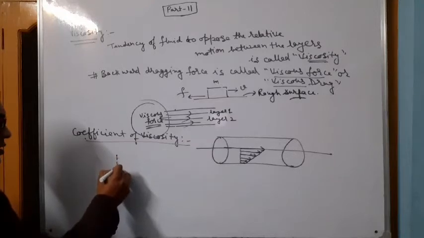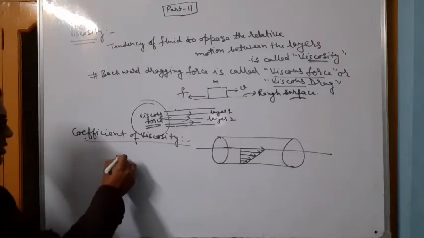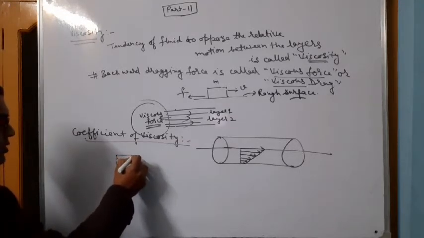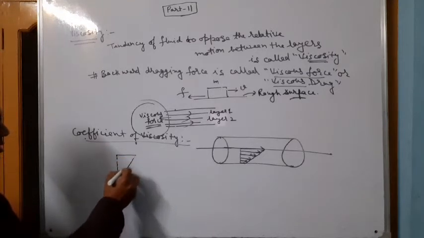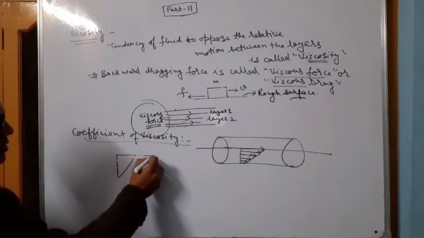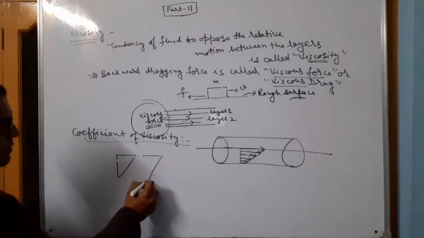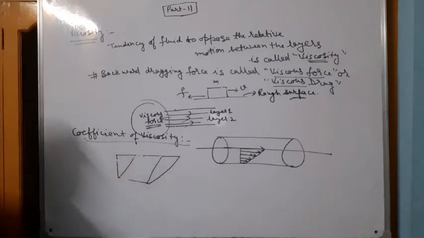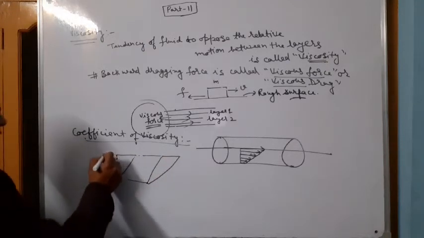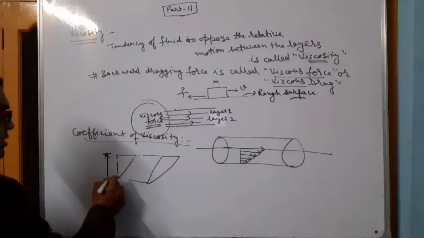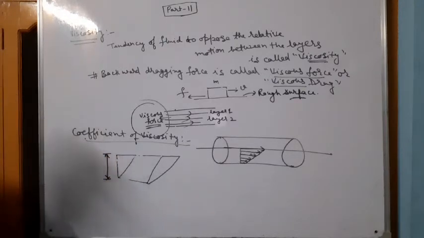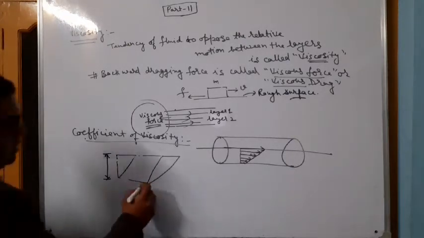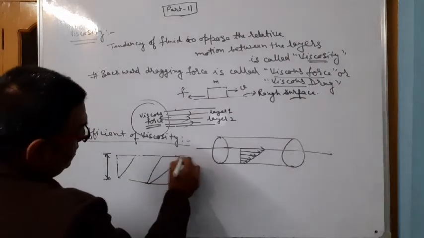Suppose this length is L, and the liquid layers are flowing like this.